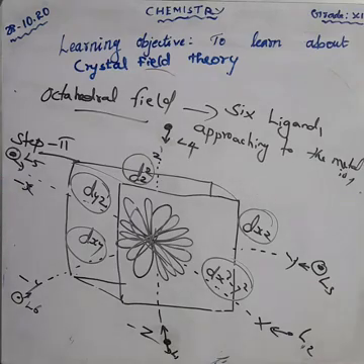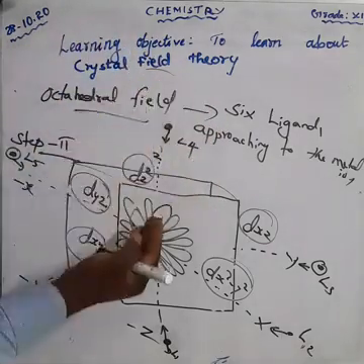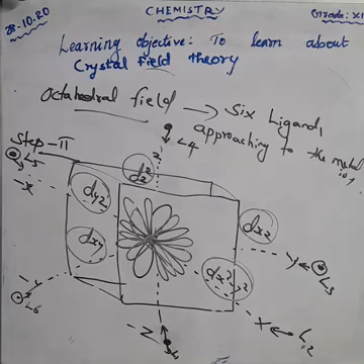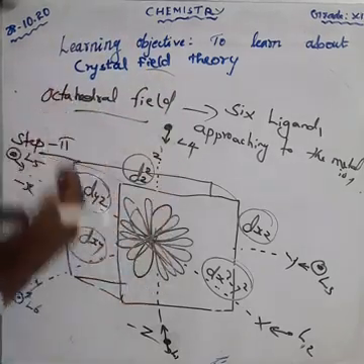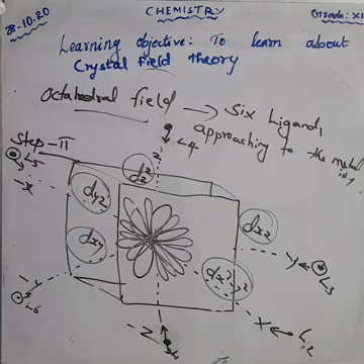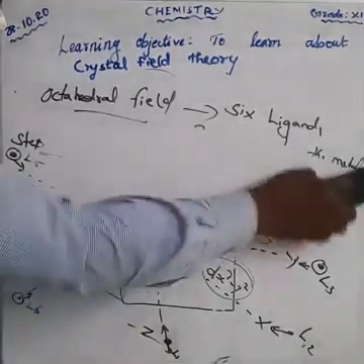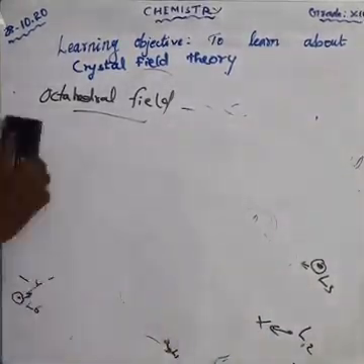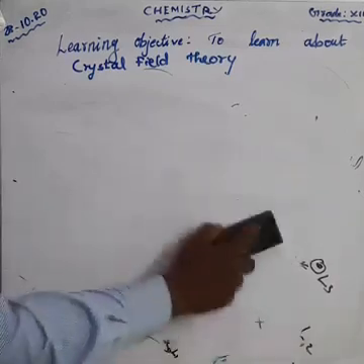Here we should talk about the orbitals lying along the axes and the orbitals lying between the axes. Which orbitals lie along the axes, and which lie between the axes? Between the axes there are 3 orbitals, and along the axes there are 2.